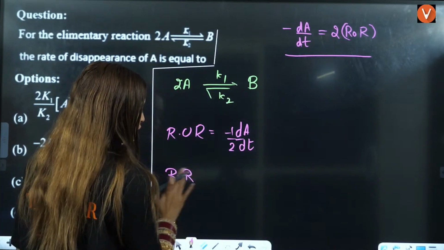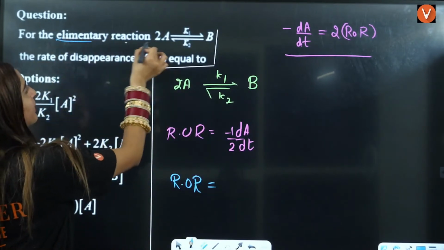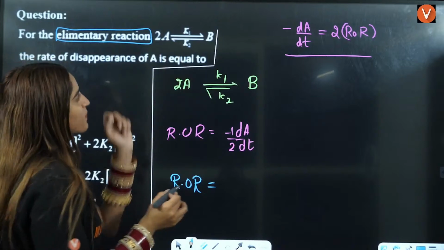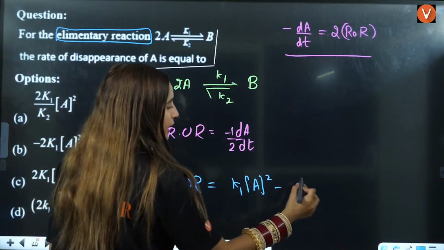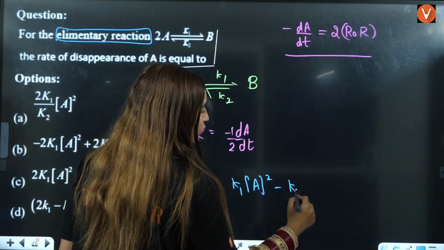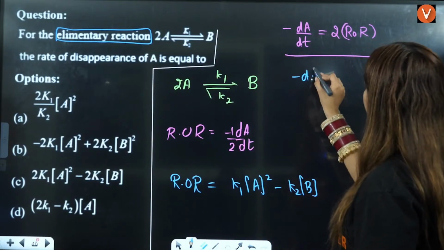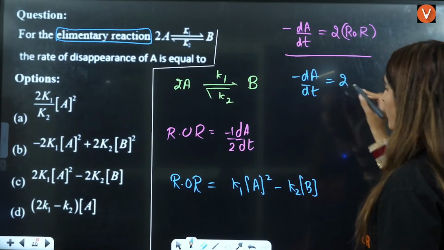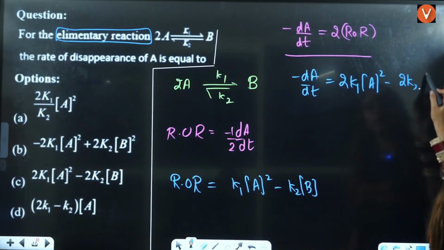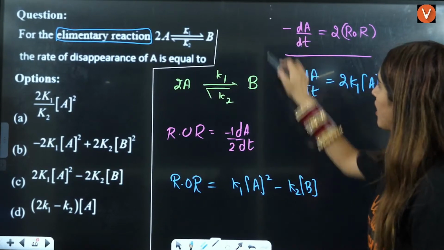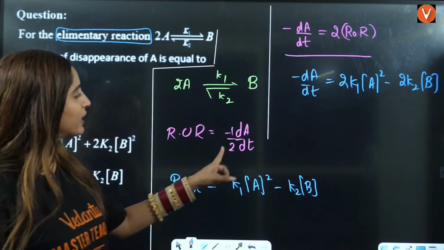Now, ma'am, what is the value of rate of reaction? If you see from the rate law equation, because this is given to be an elementary reaction, with respect to K1 it will be K1 A square, backward it is K2 and this is B. So, if you put these values here, minus dA by dt will be equal to 2 into rate of reaction, that is 2 into K1 A square minus 2 K2 into B. So what you have to remember in this question is that for rate of reaction you have to divide by moles.